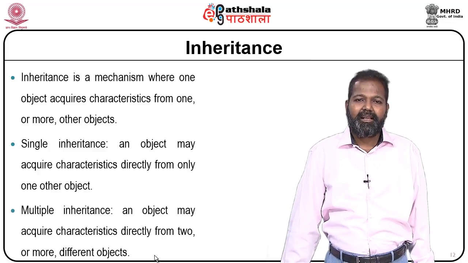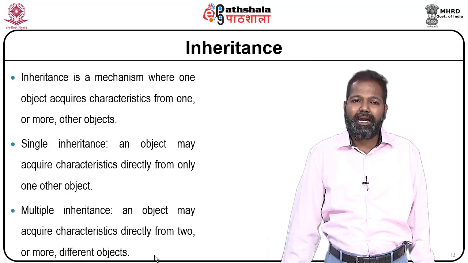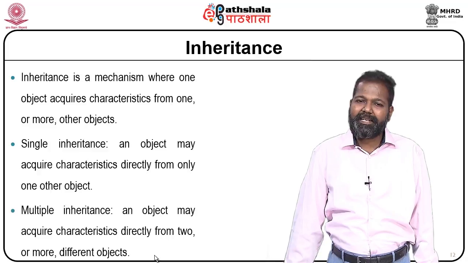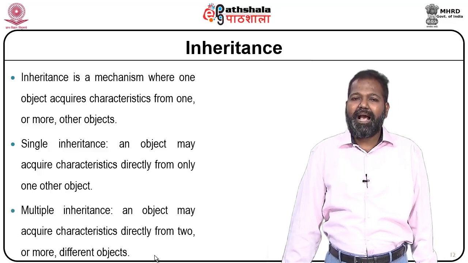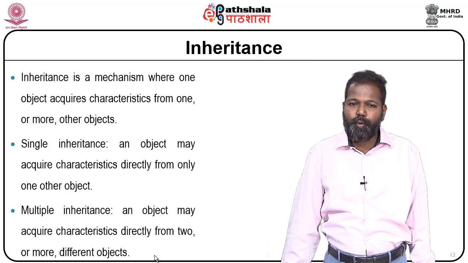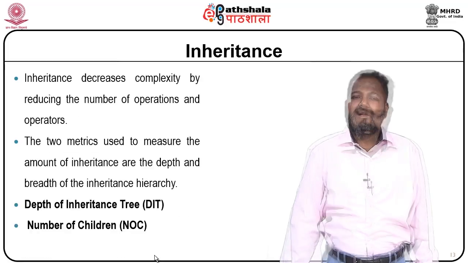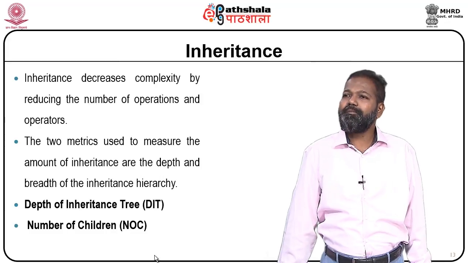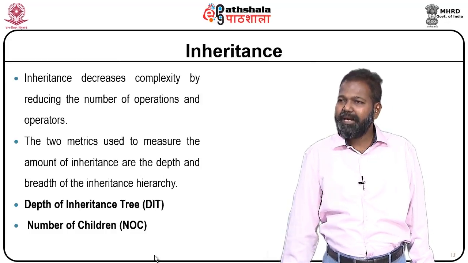Single inheritance, an object may acquire characteristics directly from only one other object. Multiple inheritance, an object may acquire characteristics directly from two or more different objects. Of course, there are other types of inheritance also, multi-level inheritance, hybrid inheritance.